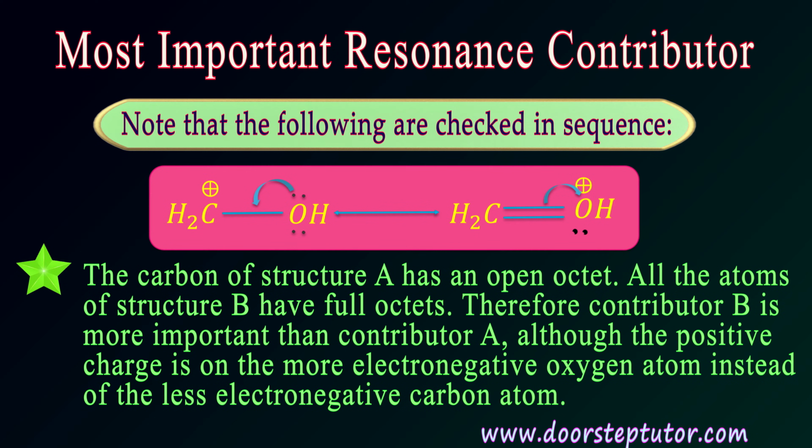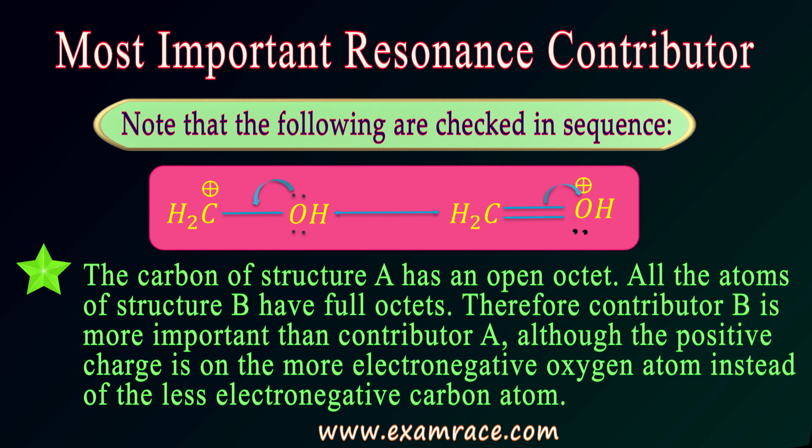So contributor B is more important than contributor A. Although we can also see that in structure B, the oxygen, which is an electronegative atom, has a positive charge on it, but it should have a negative charge to become the important contributor. But before this charge consideration, we have to look for the full octets, and structure B is satisfying that condition.